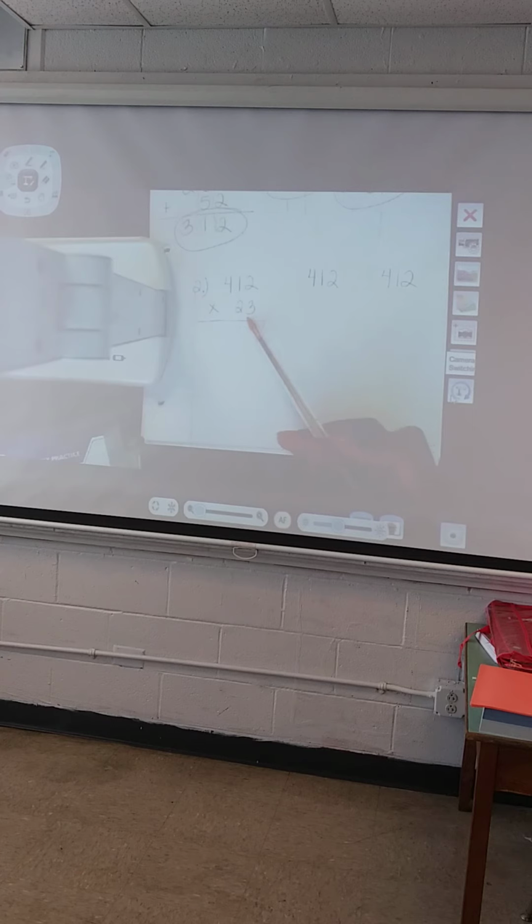So now my bottom numbers, I'm going to stack it up. My 3 is on the what number? 2. And what place value is this? 1. So put that 3 under this 2 in the ones place. And then we're going to draw all the dividers if you need to draw it.